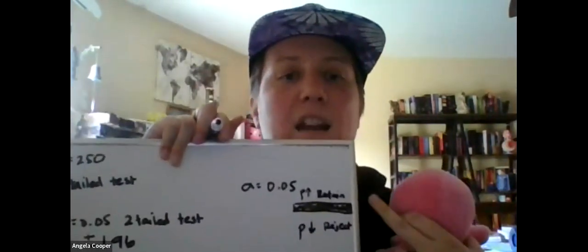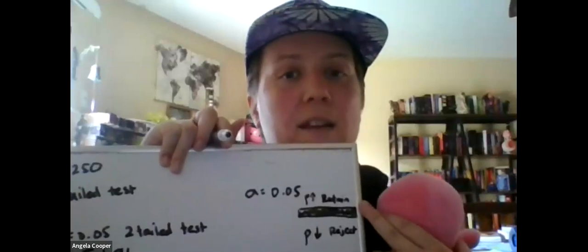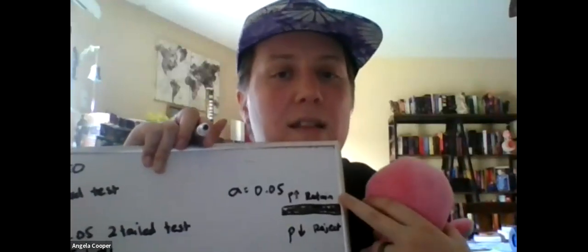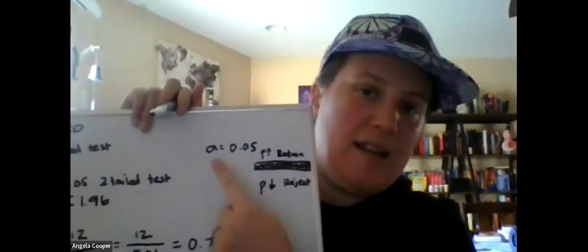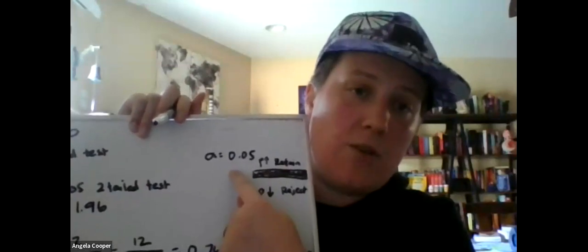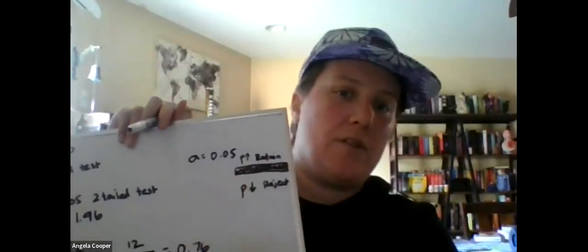If it's not significant, if we were to retain the null, the p-value would be above it. So it'd be bumping against it or just walking over the thing. So for us to have a significant p-value, for us to reject the null, it needs to be less than 0.05, our alpha.